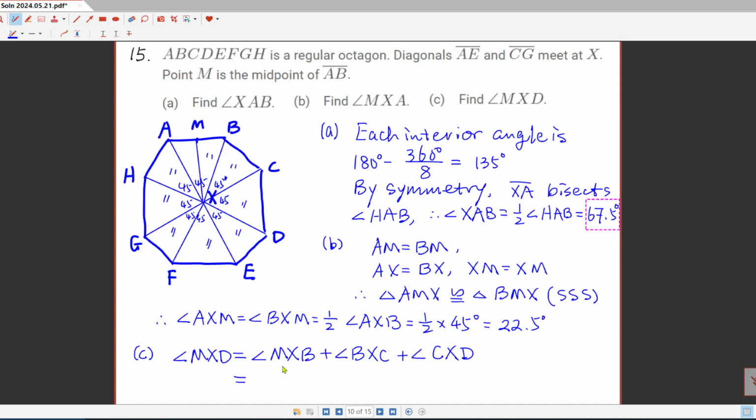And we know MXB is 22.5 degrees, BXC is 45 degrees, CXD is another 45 degrees. So that gives us 112.5 degrees in total for angle MXD, right? Okay, have a look at the solution here and let me know if you have any questions.